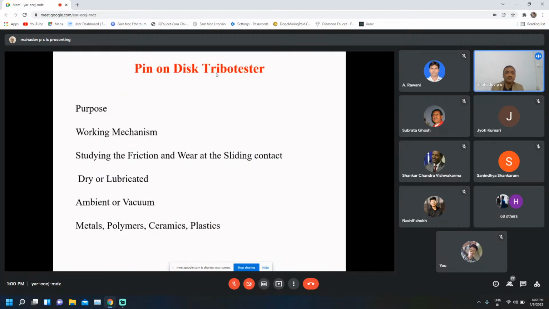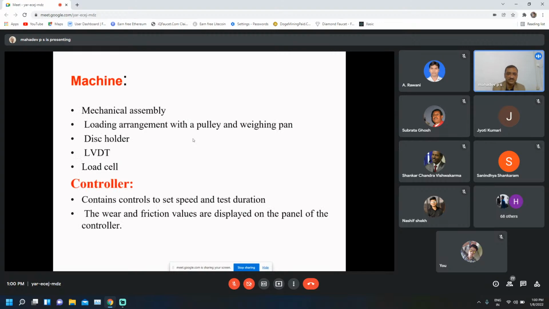The pin on disc tribometer can be used for studying the wear properties of a material under dry or lubricated conditions, at varying parameters, at ambient or under vacuum conditions. Metals, polymers, ceramics, plastics can be tested using the pin on disc tribo testing machine.